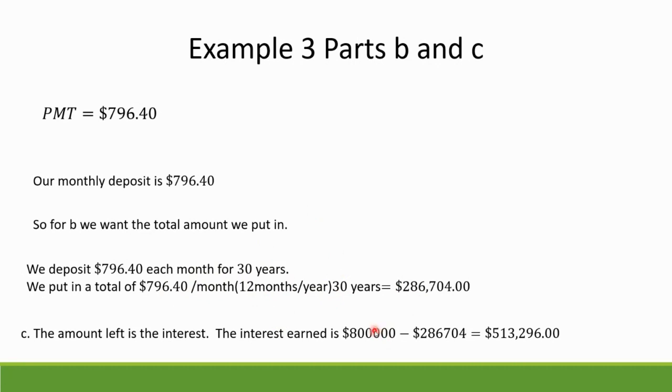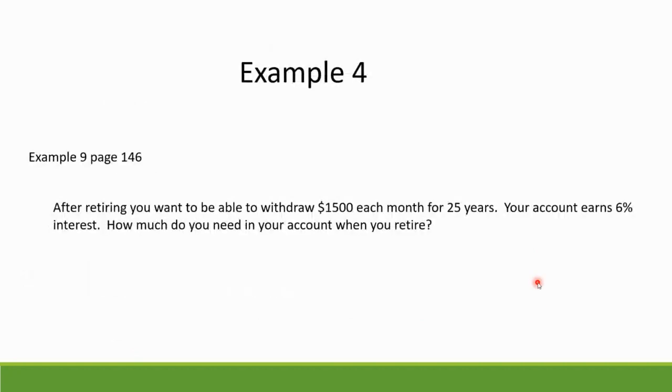But there's $800,000 in the account. Where did the other money come from? Interest. So the rest of the money is from interest. How do we get that? We subtract. That's how we get the interest.